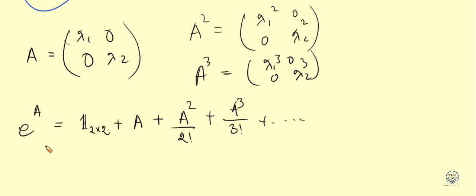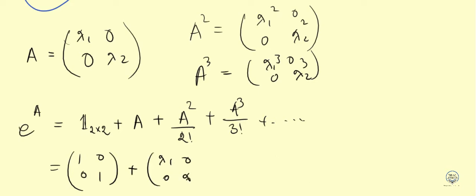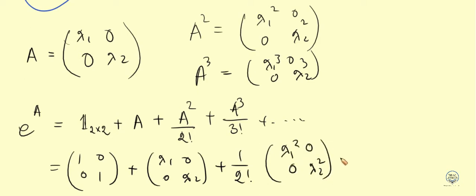And now in the second line, what you need to do is write things down explicitly. So let's do that and see what happens. Let's just carry on with our definition and the calculation. So this will be 1 by 2 factorial, and this will be lambda 1 squared, lambda 2 squared, 0, 0.